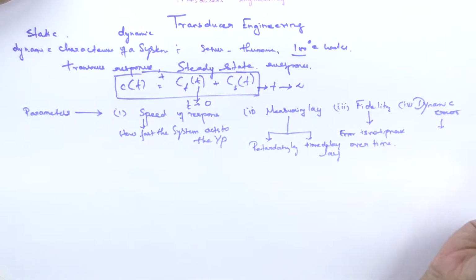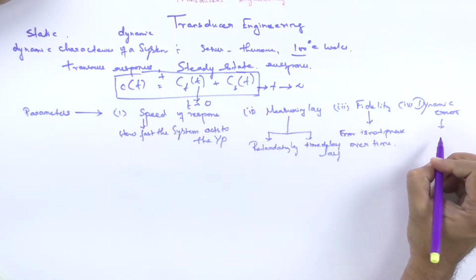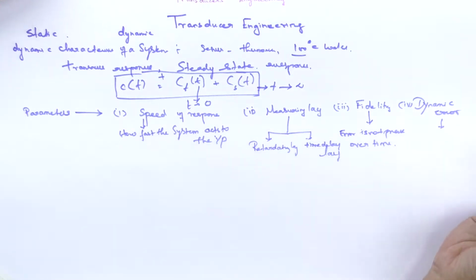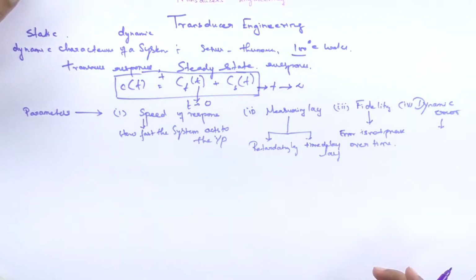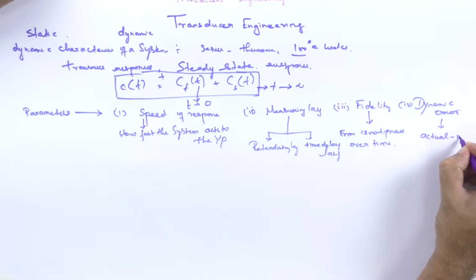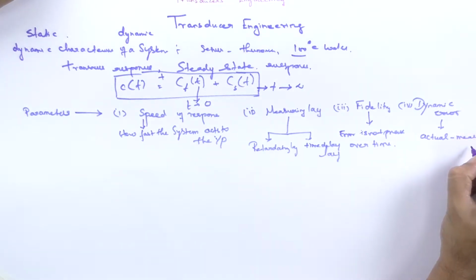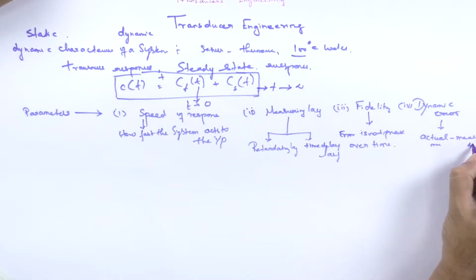Dynamic error is very simple: how much error is present or not, that is the actual measurement minus the measuring standard.